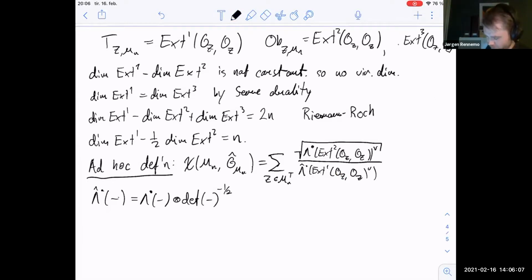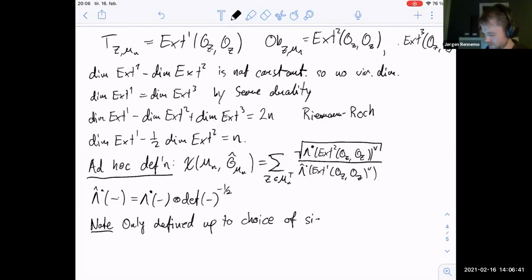The main problem with this definition, there are two. There's an obvious problem with this definition. Even if you can take square roots of polynomials, and that somehow gives you a well-defined thing, it's only defined up to a choice of sign.